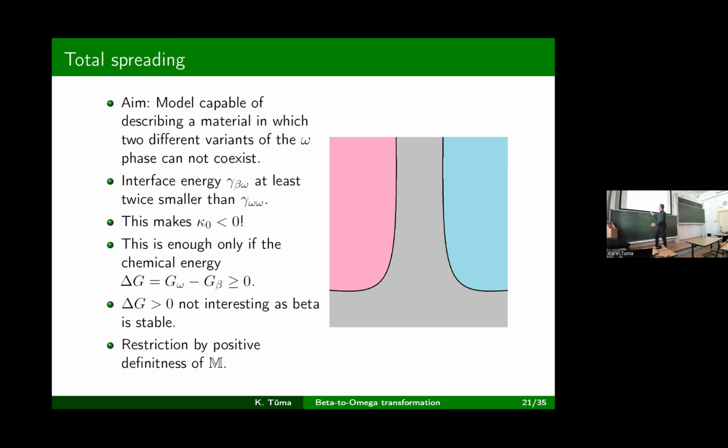What was shown here works fine if it is positive, but this is not interesting for us. To fight this, we need to increase the ratio between gamma omega omega and gamma beta omega even more. For example, we would need gamma omega omega to be at least 5 times gamma beta omega. But we cannot do it because we have the restriction on the positive definiteness. It stops working. So we need to solve it in a different way, and this is the new part of our model.